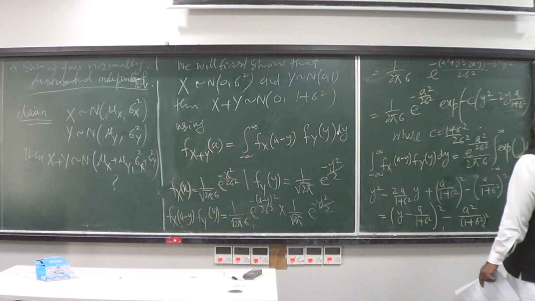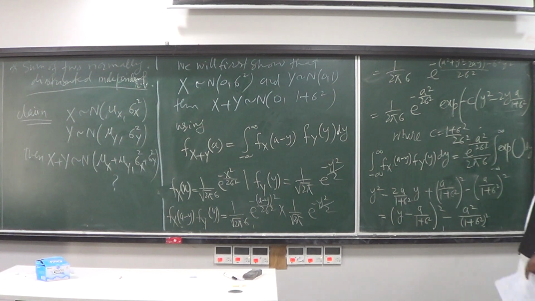And now multiply the minus c with these two expressions and see what you get.